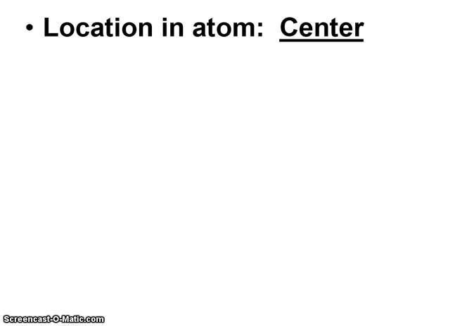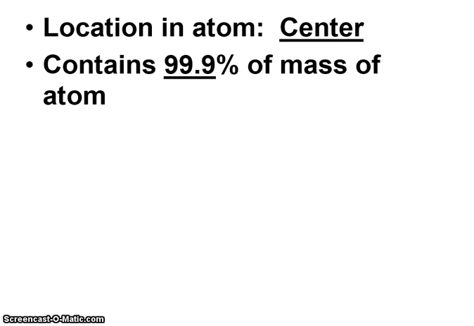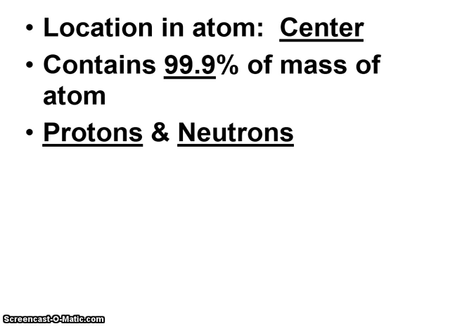Okay, now let's talk about the nucleus. Location, center of the atom. The nucleus contains 99.9% of the mass of the atom. The nucleus is extremely dense. Okay, it's almost indescribable how dense the nucleus is. Extremely dense. What 2 particles are found here? Once again, the protons and neutrons found in the nucleus.